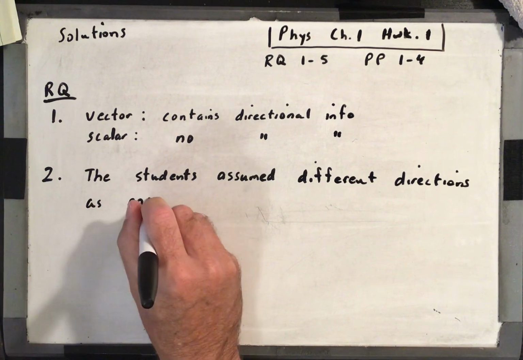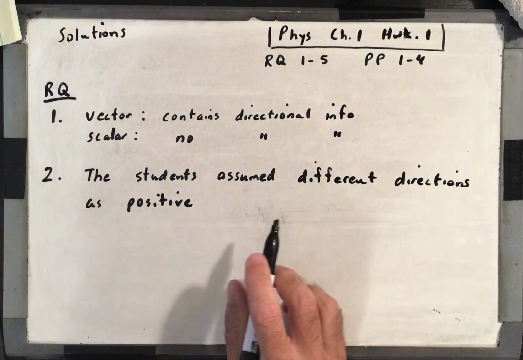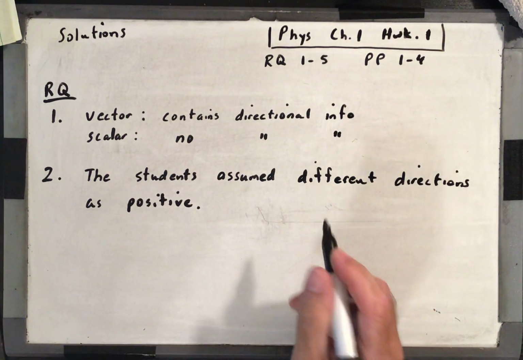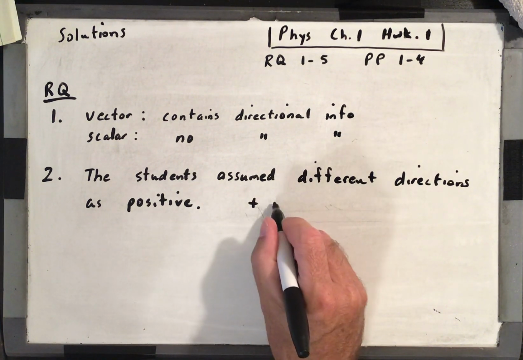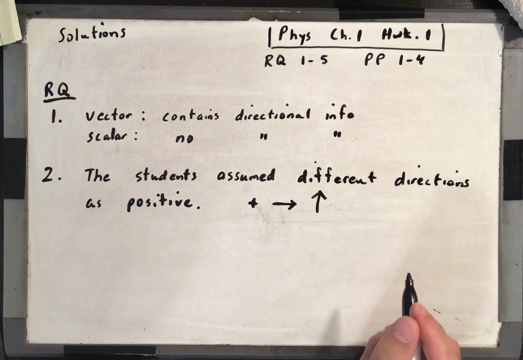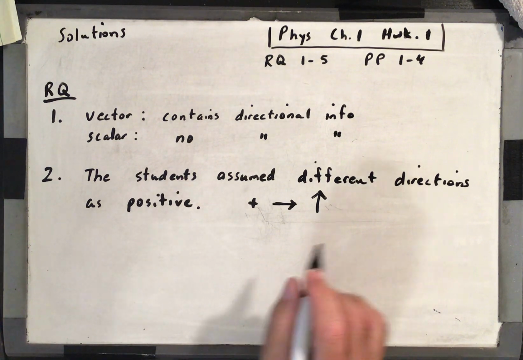So possibly the first student said the right was positive and the second student said the left was positive. Now in our class, I'm not going to have on a test always assume that the positive is to the right or up. Okay, that's the way we're going to do it so that there's no confusion.